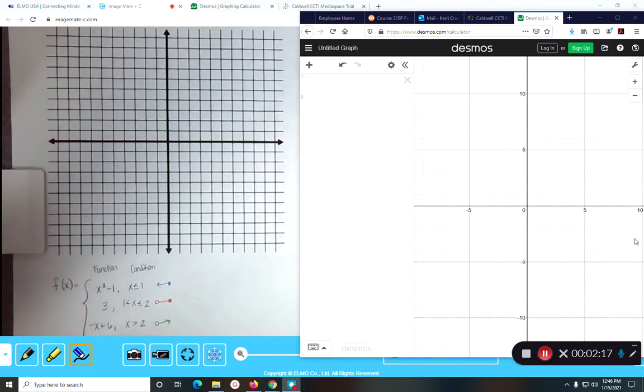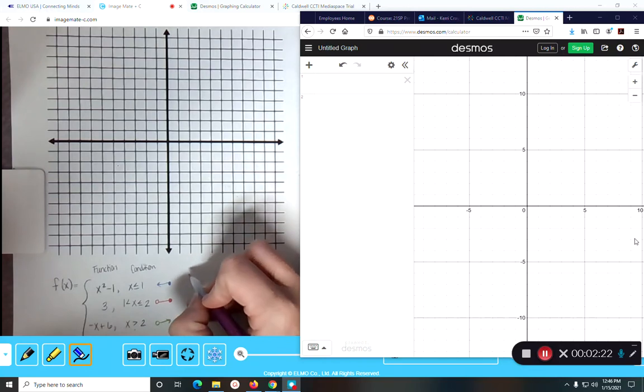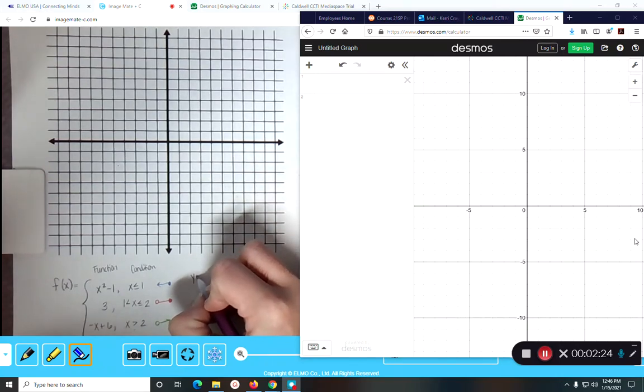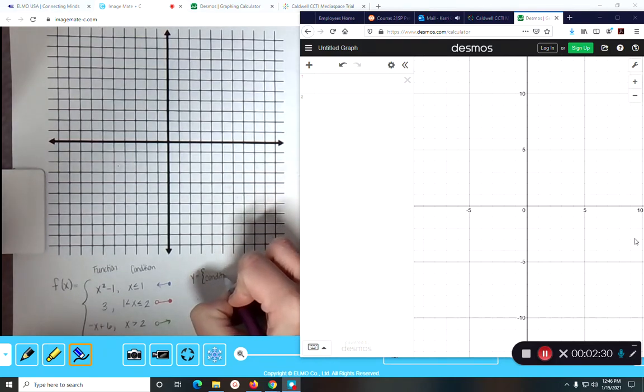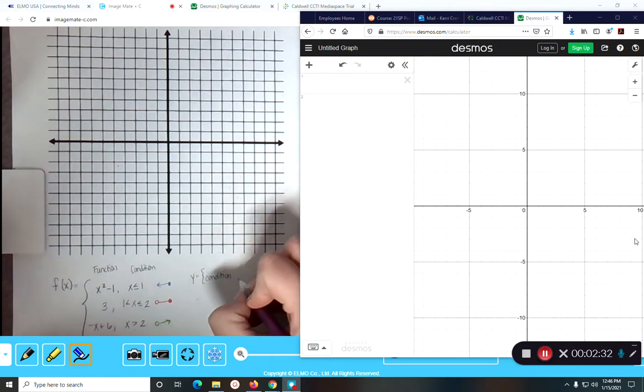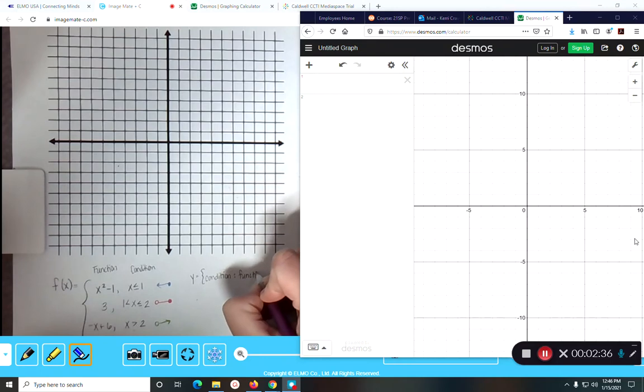Alright, so we're going to go to Desmos and type these in. There is a special way that you have to type them. You have to type y equals set notation. You put your condition first, then you put a colon, and then you put your function next. And then you put a comma, and then you do the same thing again for however many functions you have.